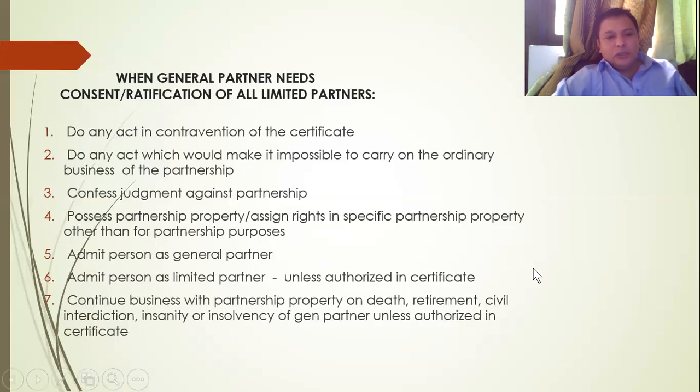Number seven, to continue the business with partnership property on death, retirement, civil interdiction, insanity, or insolvency of general partner, unless it is already stated or authorized in the certificate. So if it's not stated, then continuing the business requires the consent or ratification of all the limited partners.